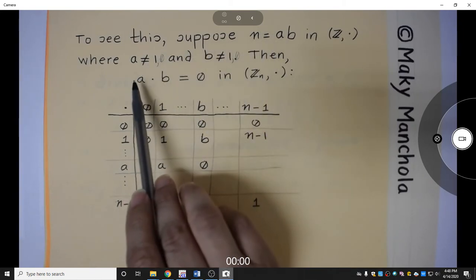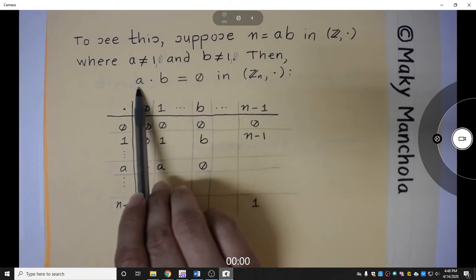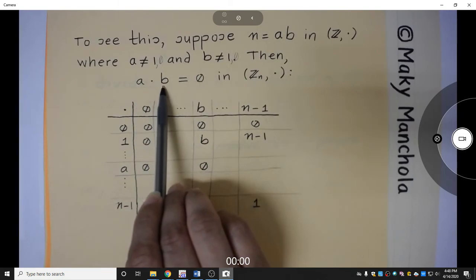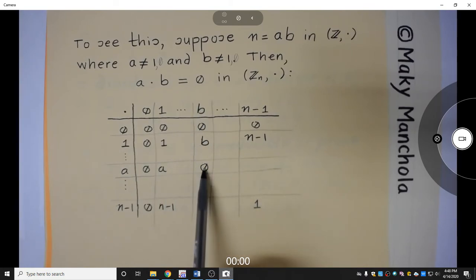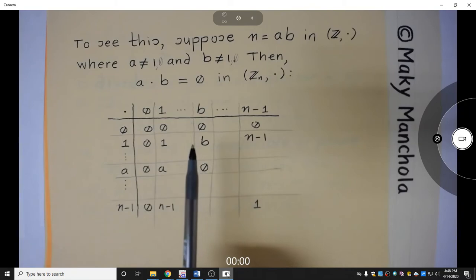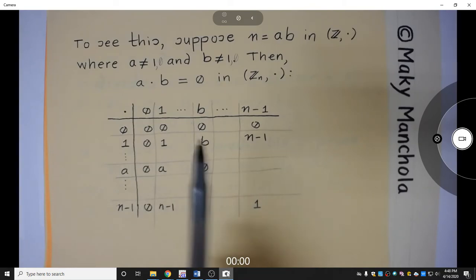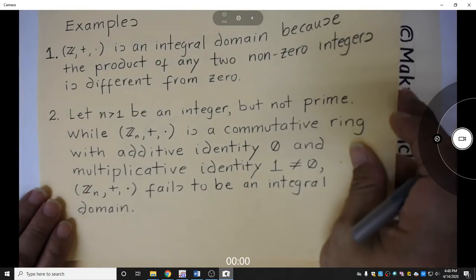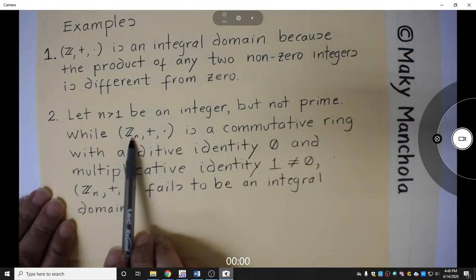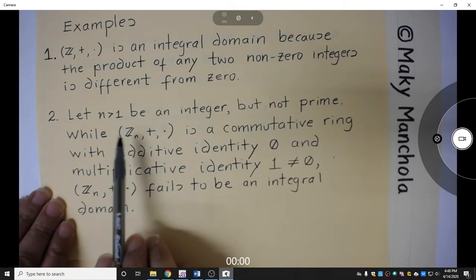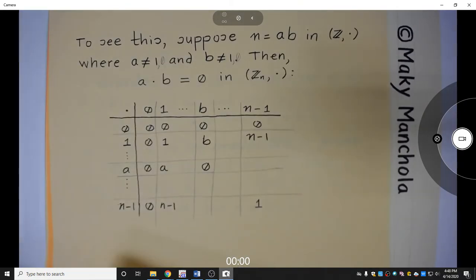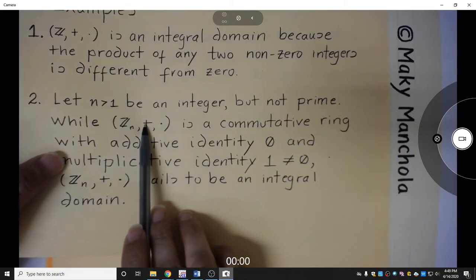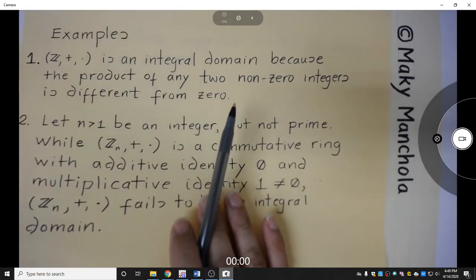Since we have n is a times b, when you reduce modulo n, the remainder is 0. So you get a times b is 0 modulo n. So we have 2 elements of Zn, neither of which is 0. But when you take their product, you get the answer 0. This means that the structure Zn under addition and multiplication modulo n is not an integral domain.